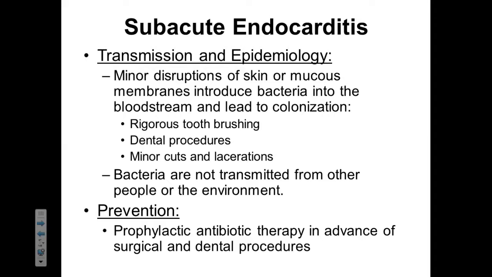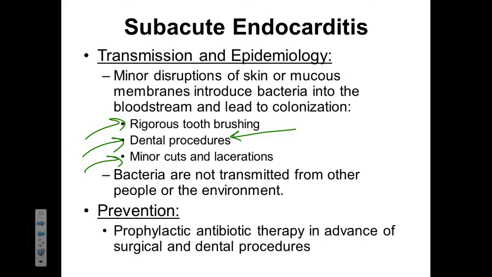This is going to be caused by rigorous brushing, sometimes invasive dental procedures, or a minor cut or laceration. If a patient has an artificial valve or transplant in the heart, they are going to, generally speaking, take a high dose of prophylactic antibiotics before they receive any dental procedures, just to help minimize the chances of bacteria entering the bloodstream and causing those vegetative growths on the heart.